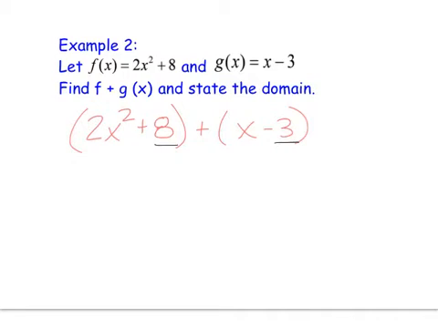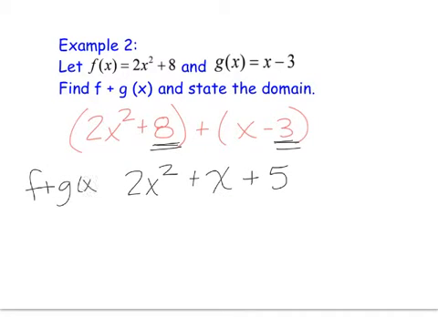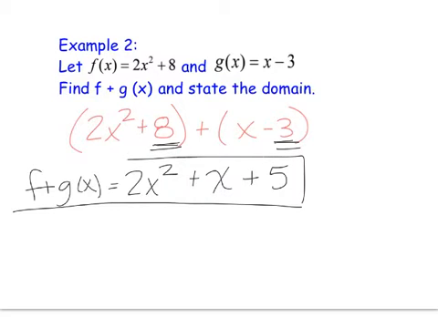And then the other terms I'm just going to write in descending order. So I'm going to put 2x squared first plus x, and then combine 8 plus negative 3 is 5. So f plus g of x is equal to 2x squared plus x plus 5.